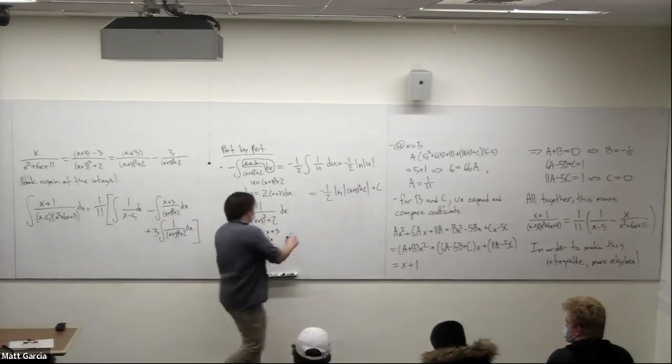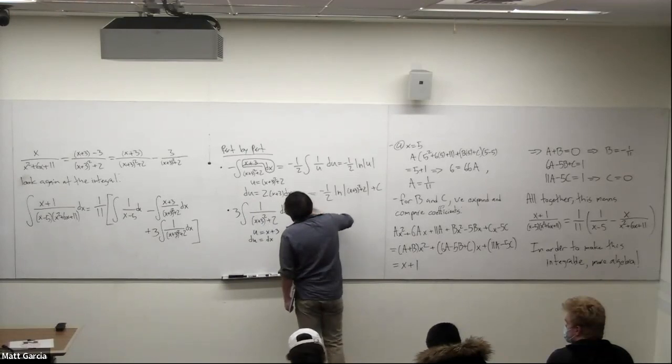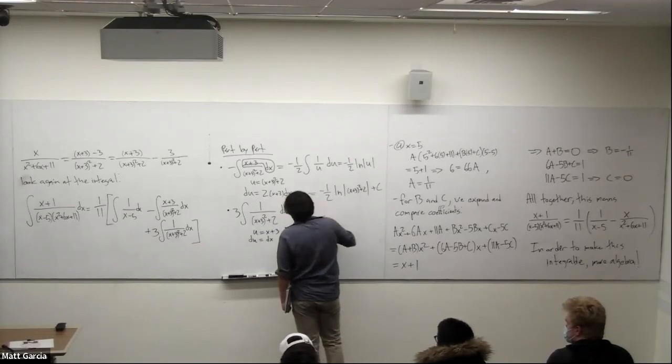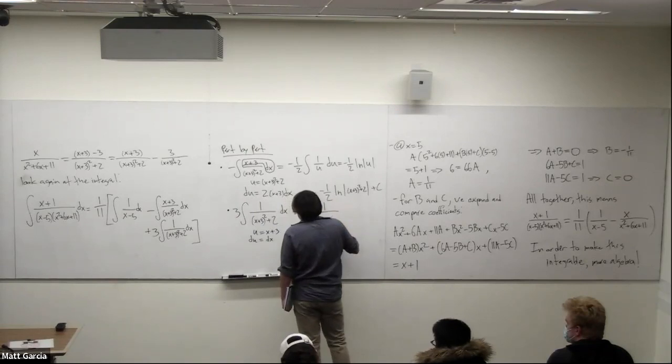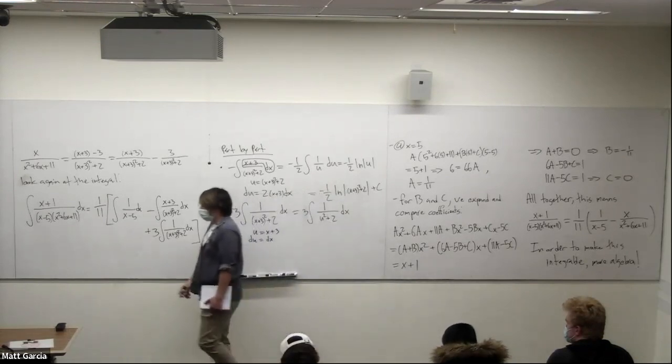Okay. So we are left with 3 times the integral of 1 divided by u squared plus 2 du. Does this look familiar?